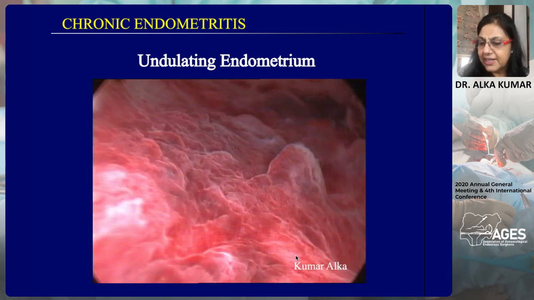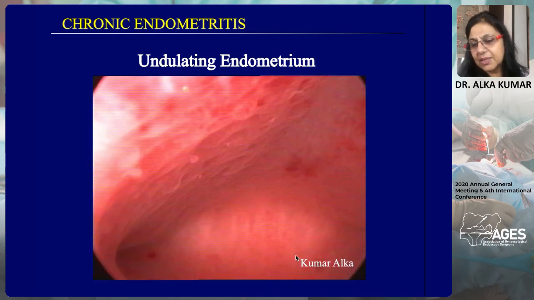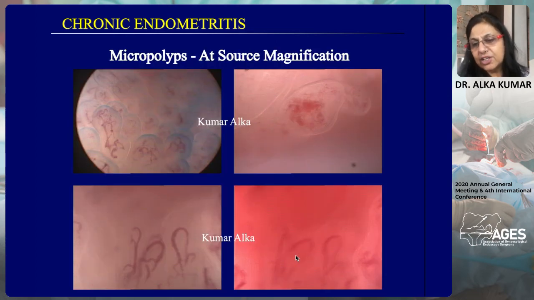This is how stromal edema looks. This is undulating endometrium, it becomes thickened. These are micropolyps, and this is not even a magnified image. What you're seeing here is the afferent and the efferent arterioles as well.